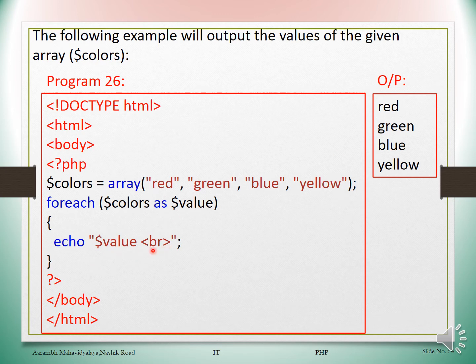By using the break statement, every value will be displayed on a new line. Got it? $colors means the internal value of this array name and this $value means these elements or these values, and due to this $value it will display all these four elements as our output.